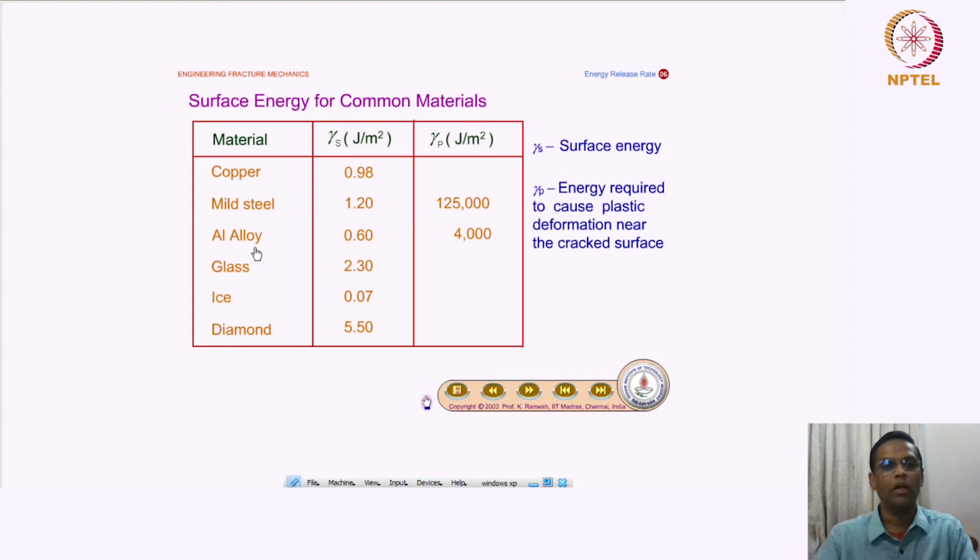For aluminum alloy, it is 0.6 and the gamma P is 4000. Interestingly, Griffith was working on glass, so you see that the surface energy is 2.3, which is significantly high compared to other common metals. And then you have an interesting value for ice, and diamond has the highest surface energy, right?